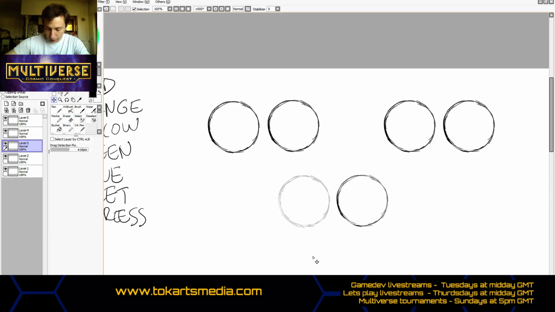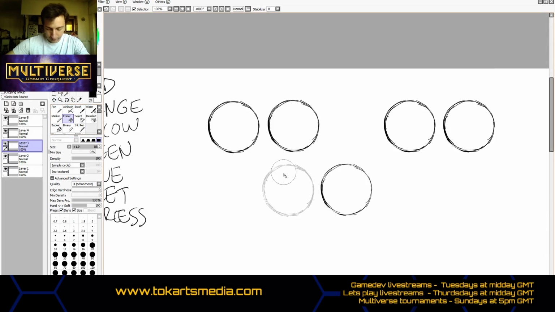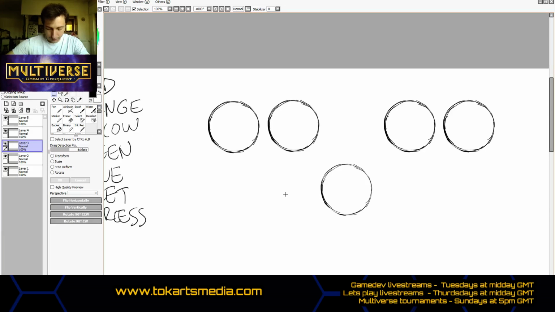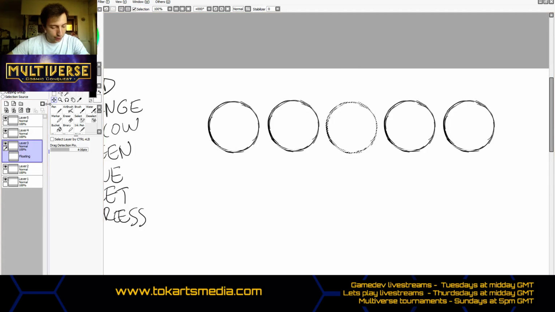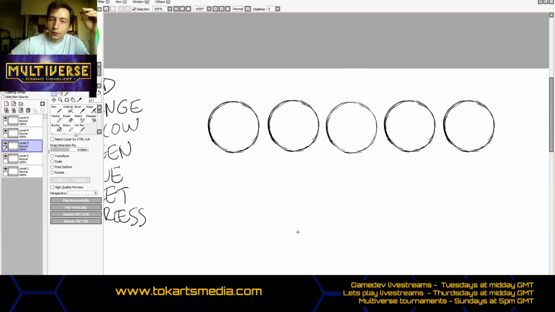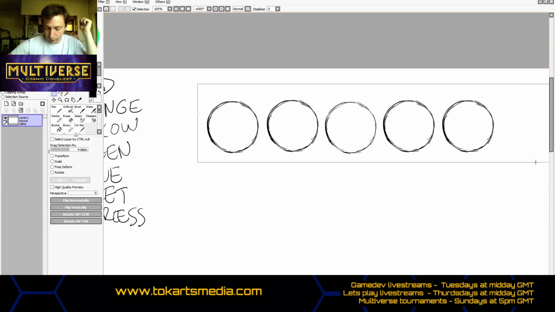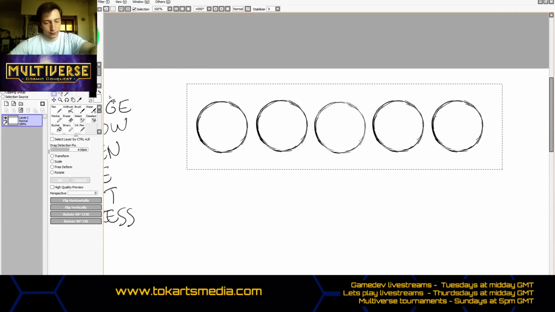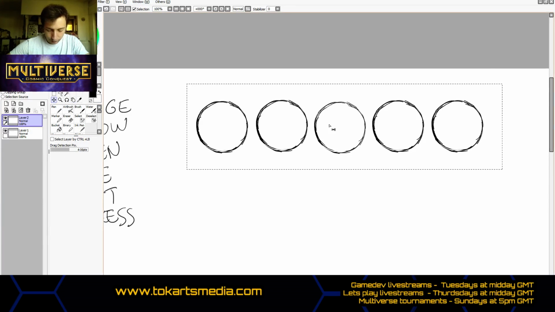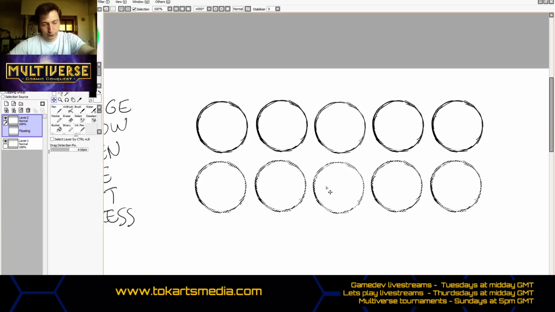Whoa, this is interesting. Okay, let's keep it to 5 right now, and then obviously we'll need more of these circles. And let's all put it on one layer. Actually, we can just copy this a few times and sort of see which of these looks better.